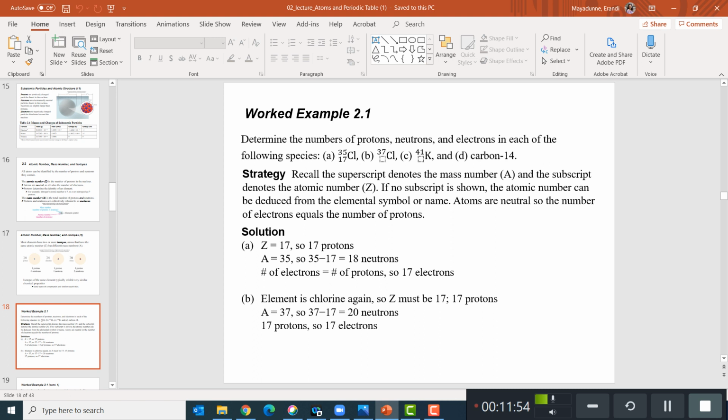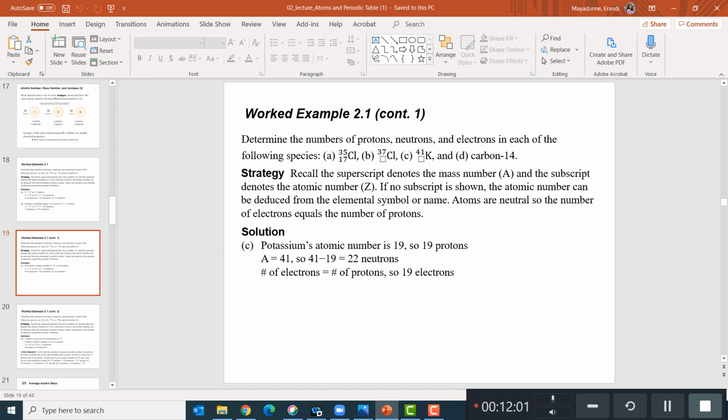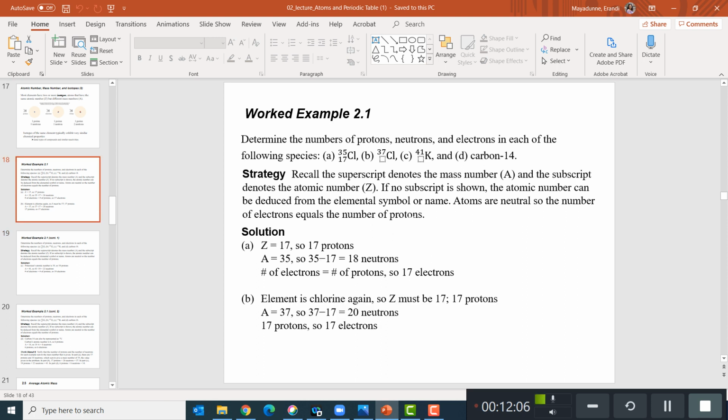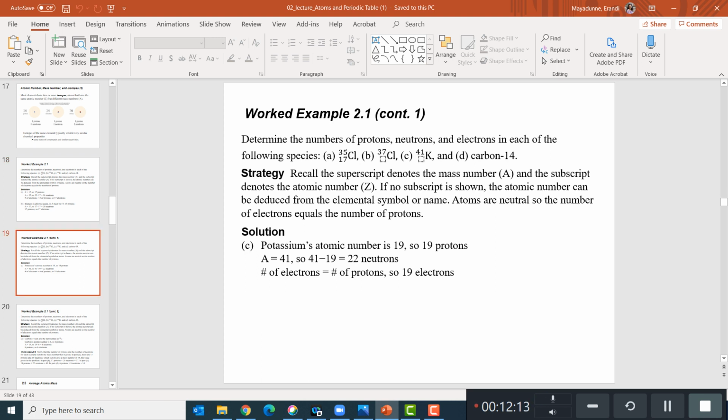You look at potassium. What is the atomic number of potassium? I think it's 20. No, atomic number 19, sorry. So 19 protons, 19 electrons, 41. Here you see 41 minus 19, 22 neutrons. Number of neutrons is always the mass number minus the atomic number.